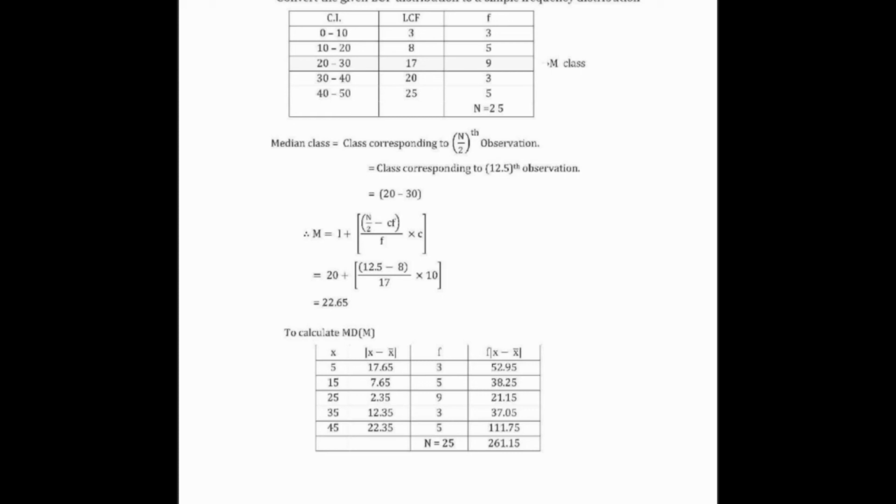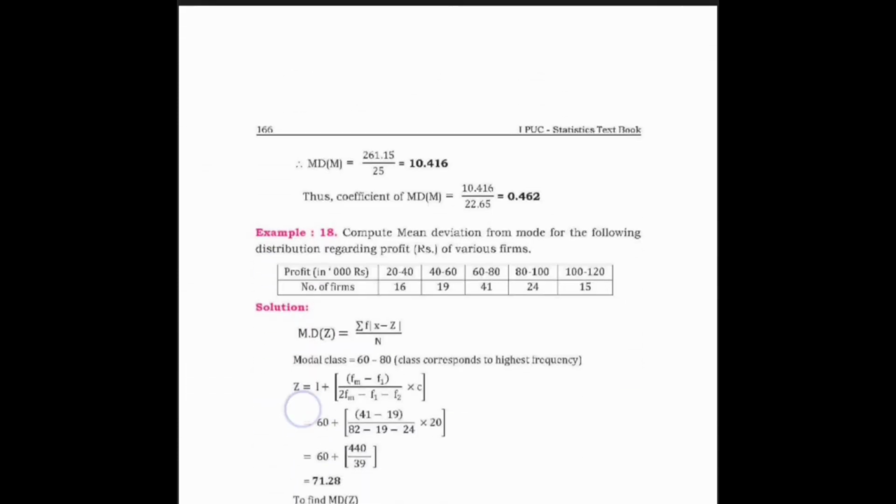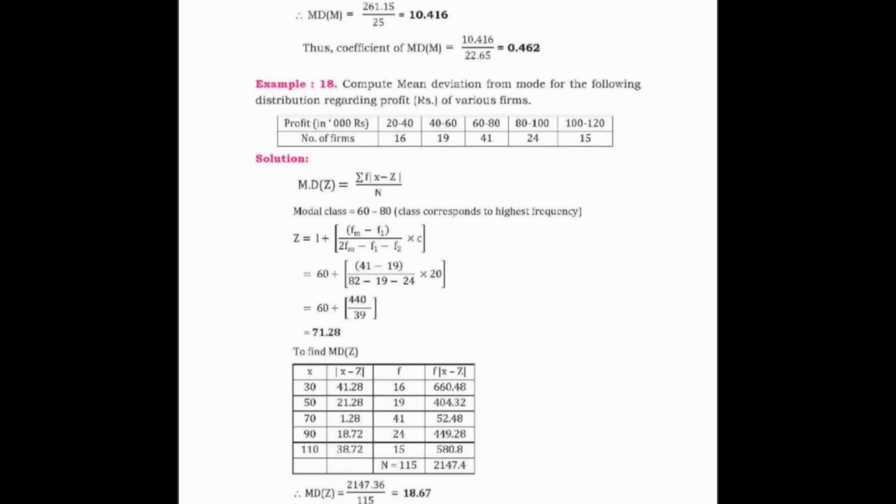For x minus median, just observe 5 minus 22.65, that is 17.65, the answer comes. Then for mean deviation you take the total of f into x minus median divided by capital N, that is 10.416, the answer. And its coefficient is mean deviation from median divided by median. Okay, this is mean deviation from median over.